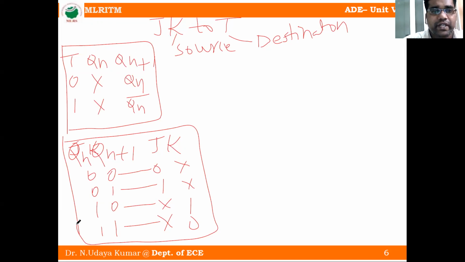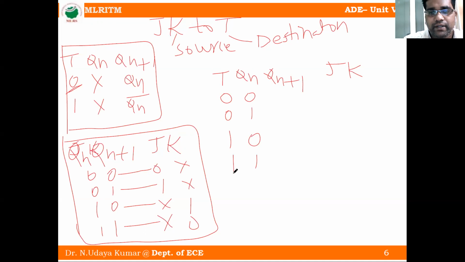Okay, then we will extend this truth table: T, QN plus 1 and JK. Okay, so T is equal to 0 here. Don't care means either 0 or 1. Okay. Then T is equal to 1. Don't care means 0 or 1. Okay.